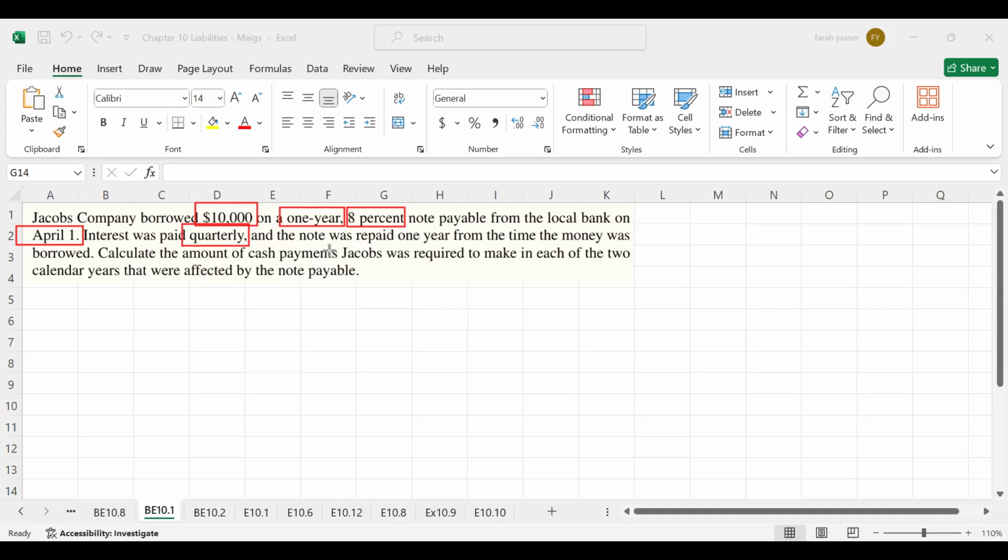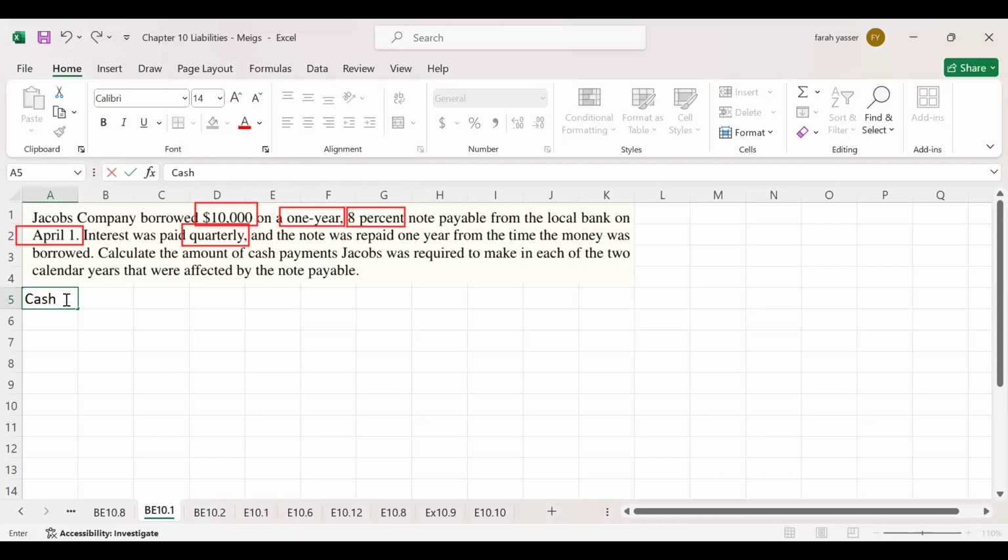Calculate the amount of cash payments that was required in each of the 2 calendar years that were affected by the notes payable. So, first of all, we will have to calculate the cash payments for year one and year two. Just calculations are required.